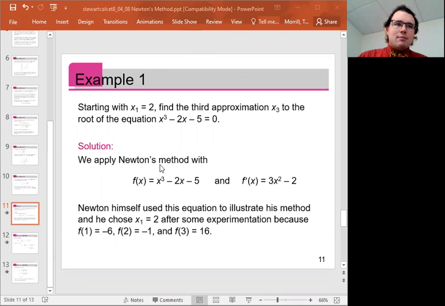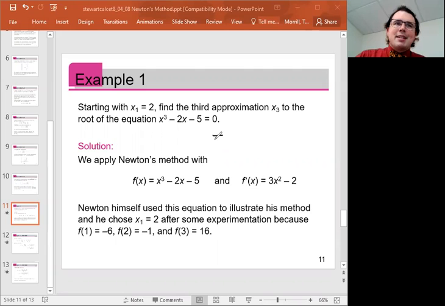So what do we do in the method? We take the old guess and we subtract off the original function evaluated at our guess divided by the derivative of our function evaluated at the guess.